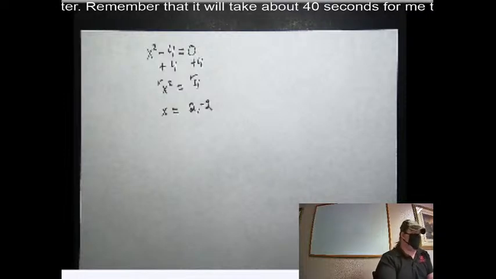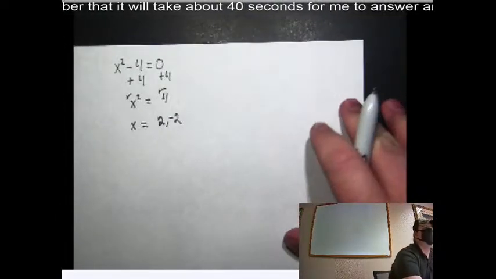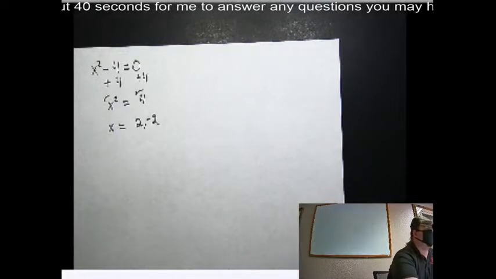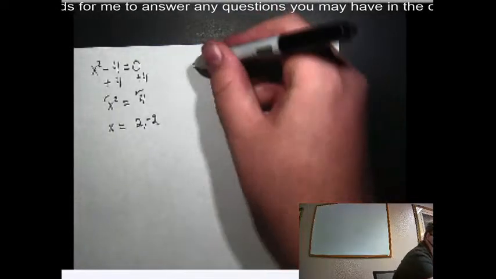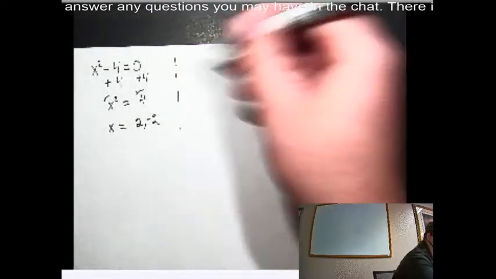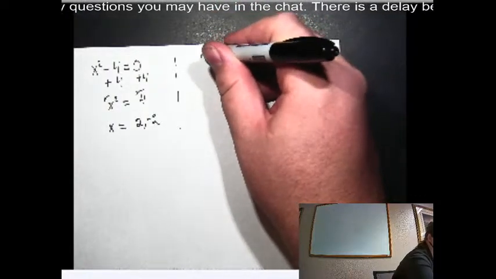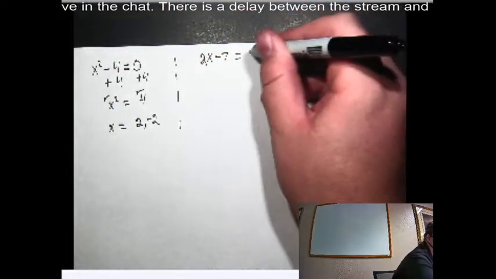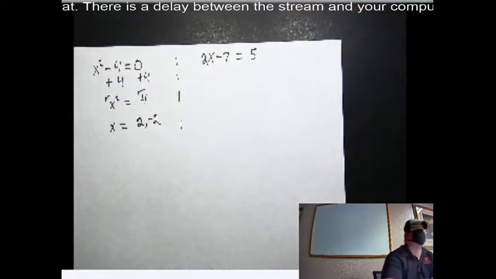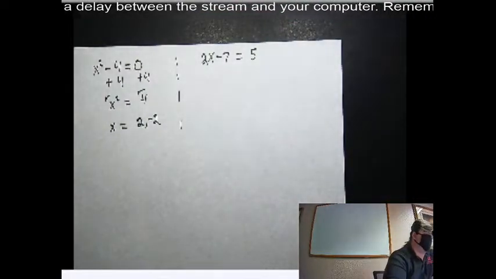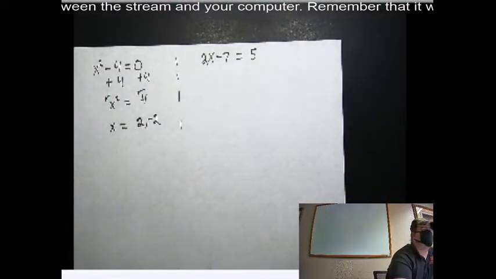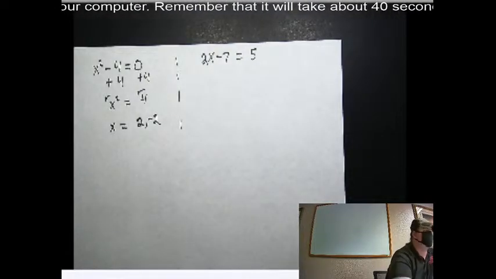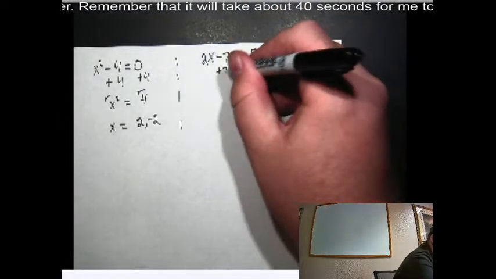Okay, so I think we've talked about inequalities a little bit. Let's go back and review that some though. So let's say we have 2x minus 7 equals 5. Okay? So again, let's solve this one. What's the first thing we need to do? Yeah, add 7, good.